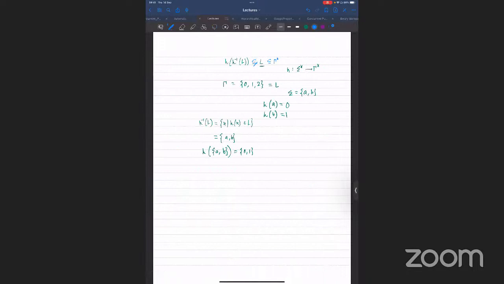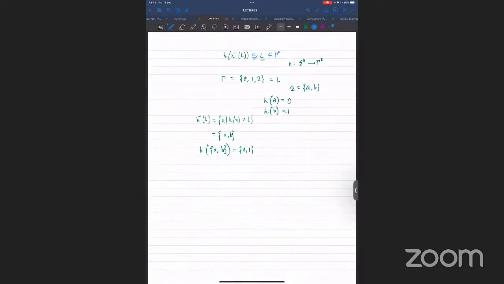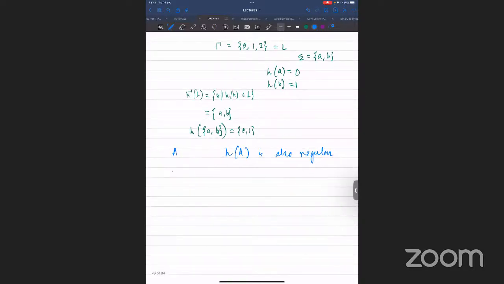Essentially we had a set A. We wanted to say that H of A is also regular, correct? So this is what we wanted to prove. For this, we had R, and we started with H of R, and let's say we called it R prime. And of course, L of R prime is regular, right?